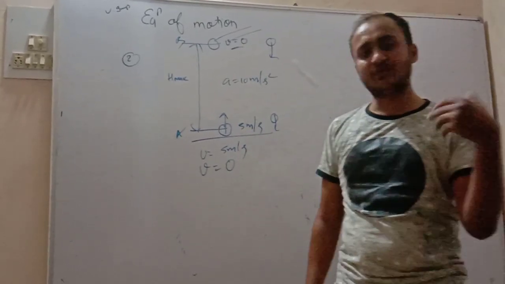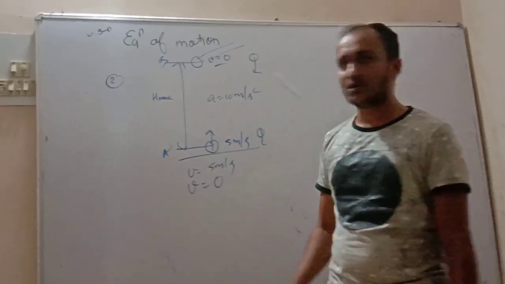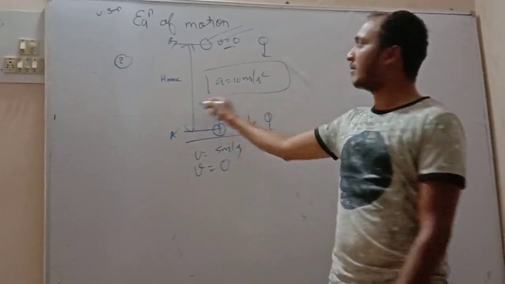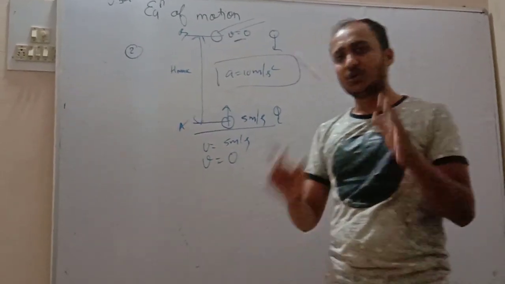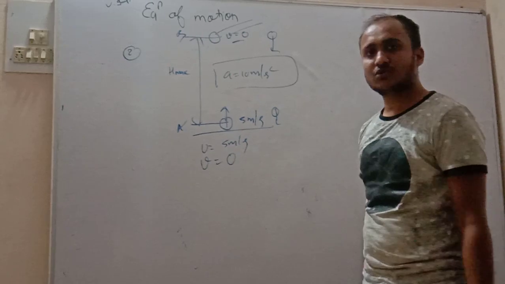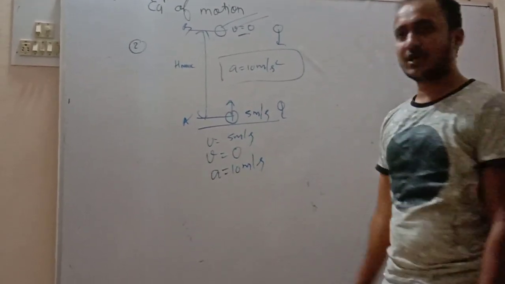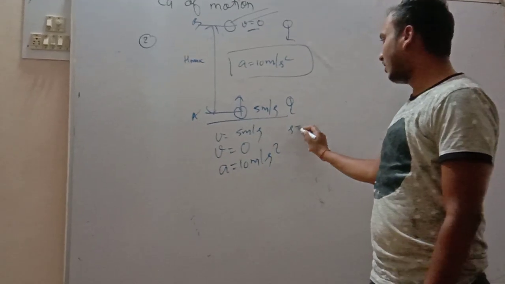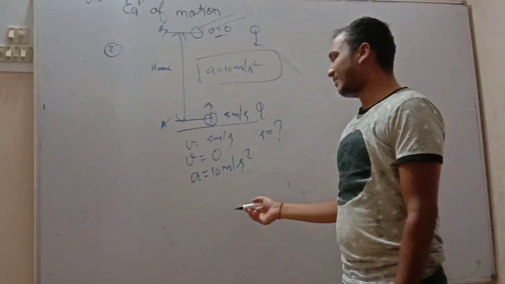We will study later why the value of A is 10 meters per second square. But for now, remember that when a ball is thrown up or dropped, the value of A is always 10 meters per second square. And we have to calculate S. So friends, which equation will we use?